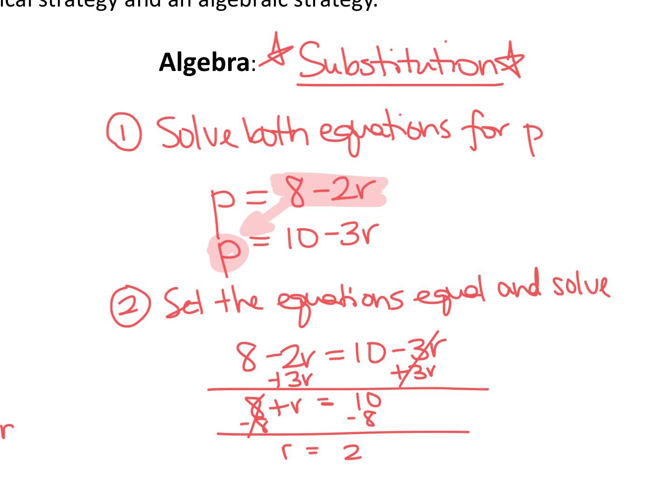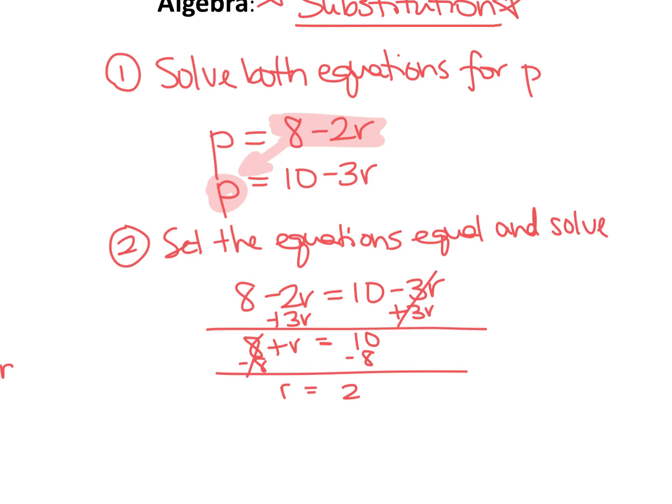Now, to find our second answer algebraically using substitution, we take this answer that we just got and we're going to replace it in one of our two equations here in step 1. So I'm going to take this 2 right here, and I'm going to replace it. Let's just use the top one. I'm going to replace it right here where we see r.